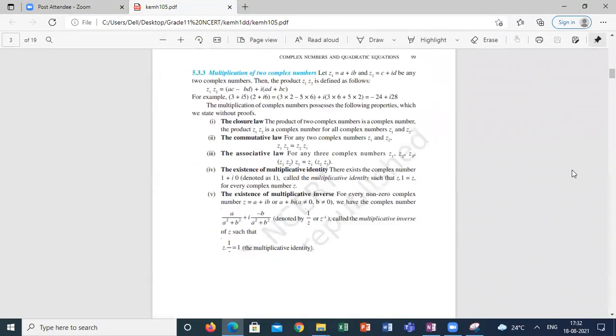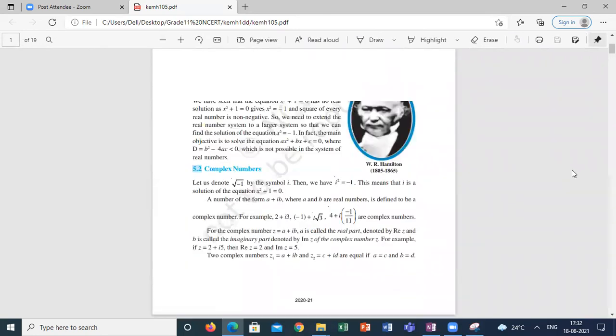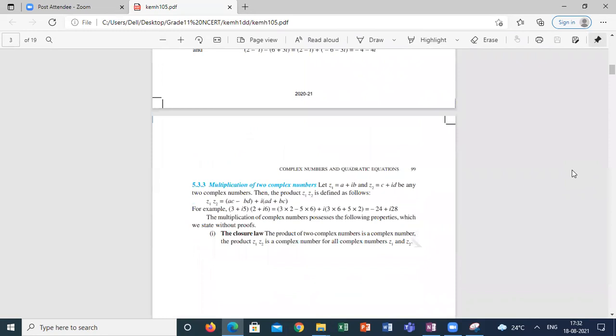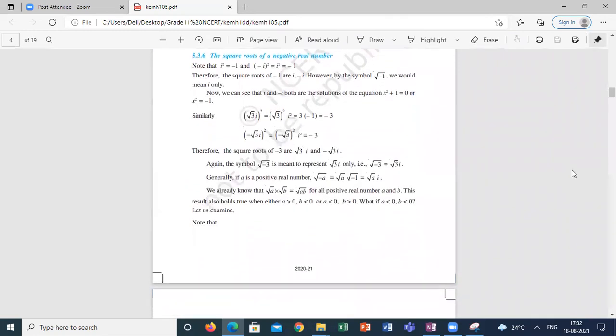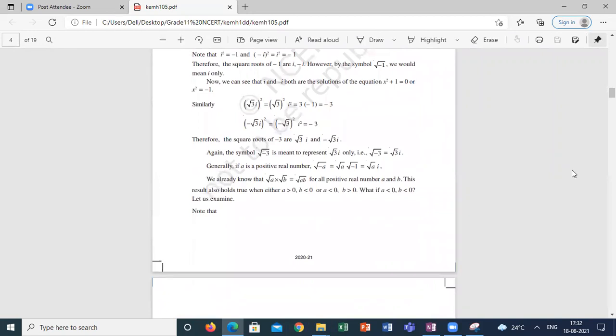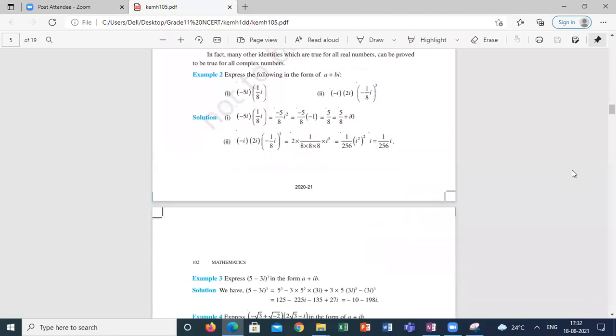We started with multiplication, definition, algebra of complex numbers, definition, multiplication, power of 5 we discussed, square root of a negative real number, yes, we discussed. Identities, yeah, we started with some numericals.